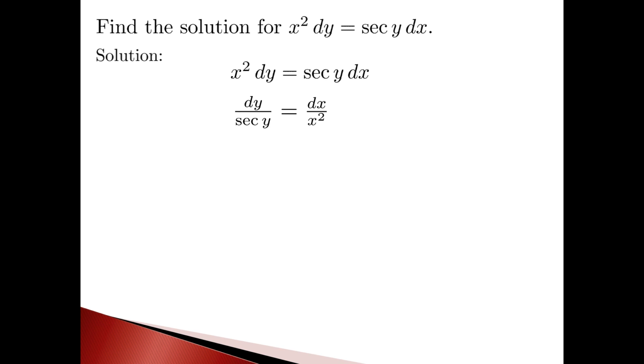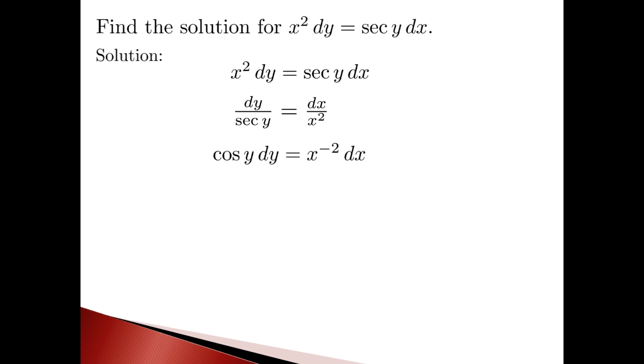And now you go, okay, how do I integrate both sides? Well, let's do a little bit of algebra. How am I going to integrate 1 over secant y? If you think about secant, maybe you remember, wait a minute, what is secant? It's 1 over cosine. So all I have to do is turn the secant y in the denominator into 1 over cosine, and that actually becomes a lot easier to deal with.